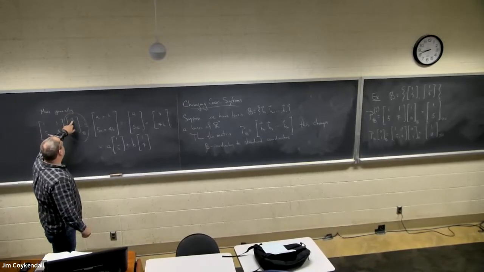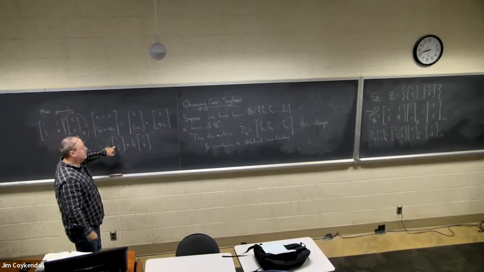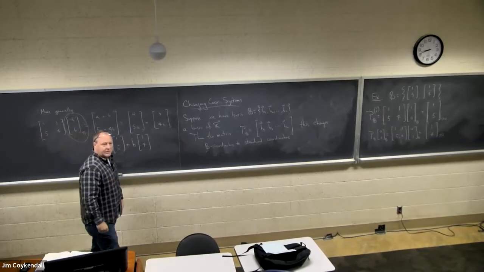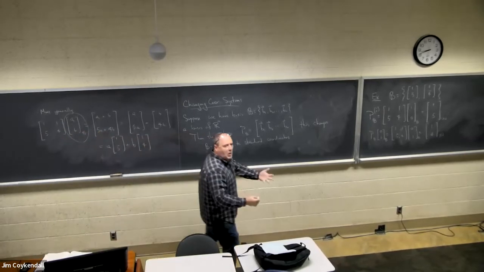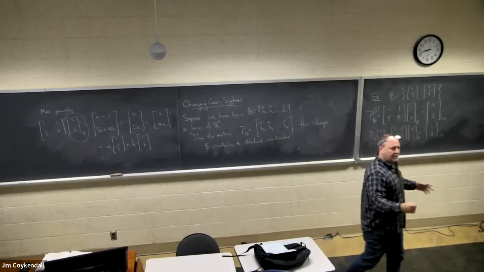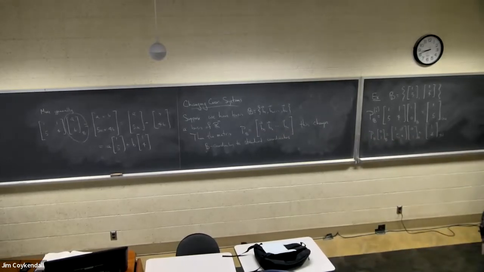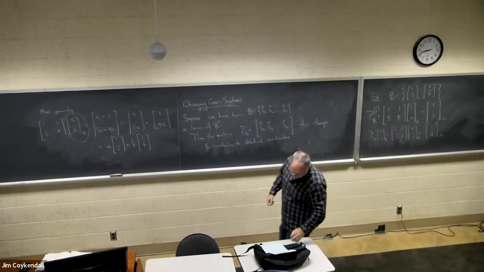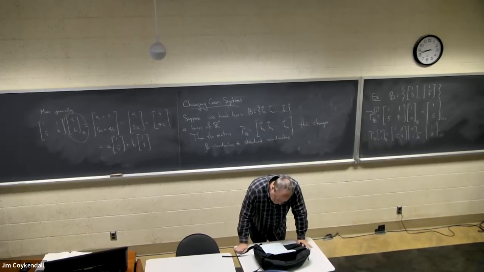This notation means A times the first basis vector and B times the second basis vector. So does everybody see why it works that way? Why this matrix changes B coordinates into the standard? Everybody okay? Okay.